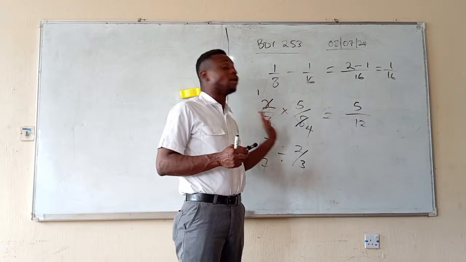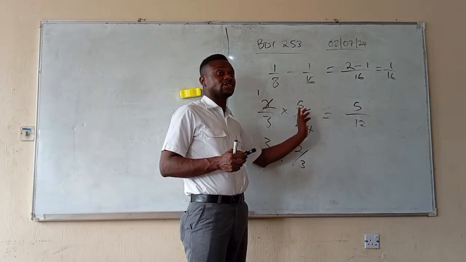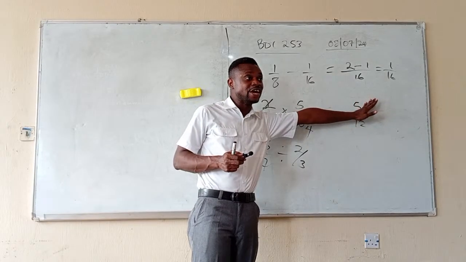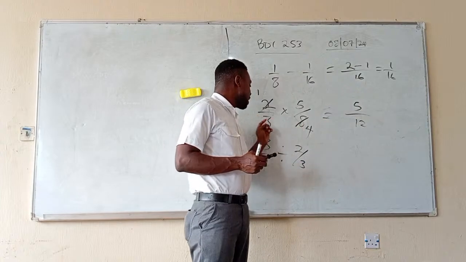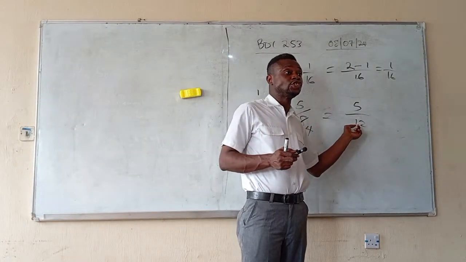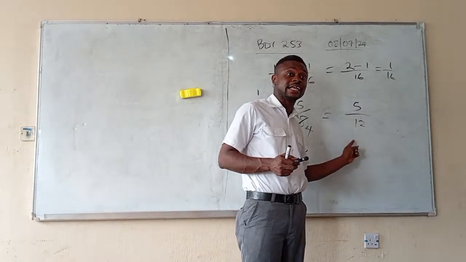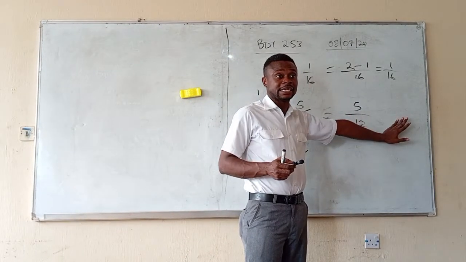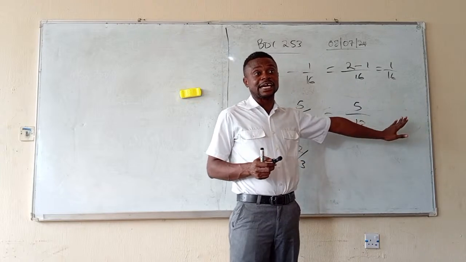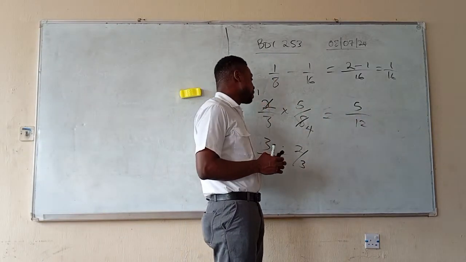Then you now multiply. The numerators multiply each other and give you a new numerator. Then the denominators multiply and give you a new denominator. Even when you are done, still check if there's anything that can be done again. If nothing, you read the answer in that term. Is it clear? That's basically what you do in multiplication.